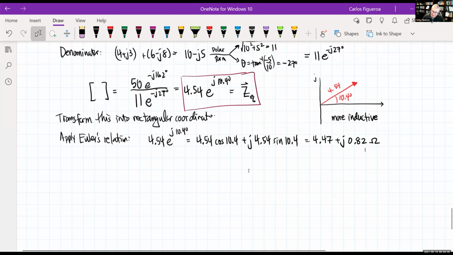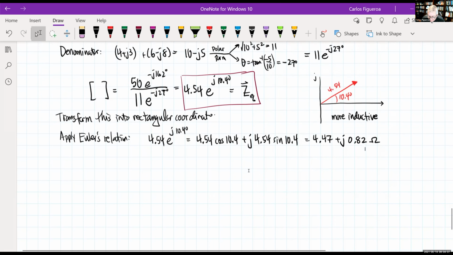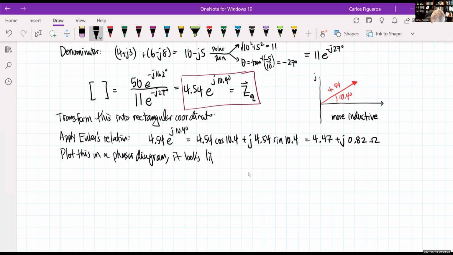So what I'm seeing here is the following. If I plot this on a phasor diagram, it looks like this. Here's my phasor diagram, and of course this is j. This guy right here is my real part, and this guy right here is my imaginary part.